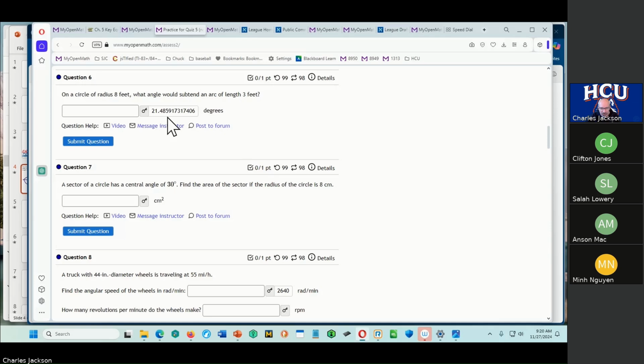You can see I've done this before, but 540 divided by 8 pi, and it's 21.4859 degrees.